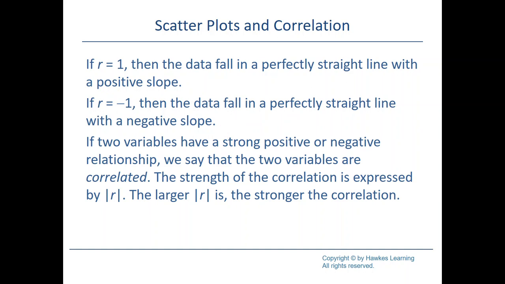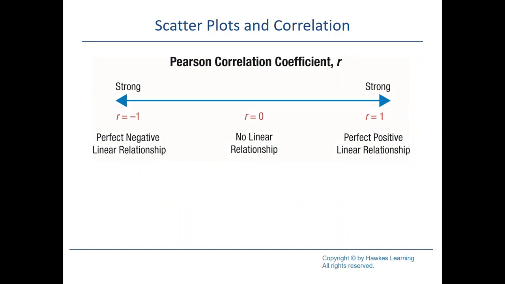Now, if the two variables have a strong positive or negative relationship, we do say that those two variables are correlated. So they have some type of correlation there. Do understand that the strength of that correlation is expressed by the absolute value of R. The larger that absolute value of R is, the stronger the correlation.